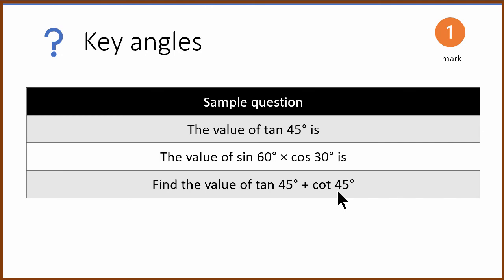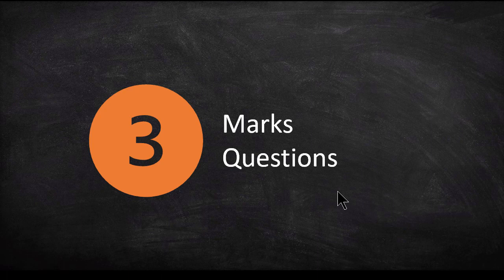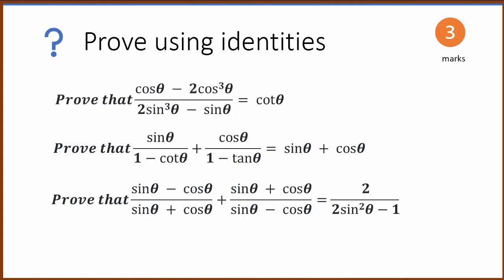Now let's look at the 2 and 3 mark questions. There are more 3 mark questions and 2 mark questions, but they are very similar in nature. They're quite similar in what they look like. The 3 mark and 2 mark questions are identity proving questions. So let's look at this question, for example.